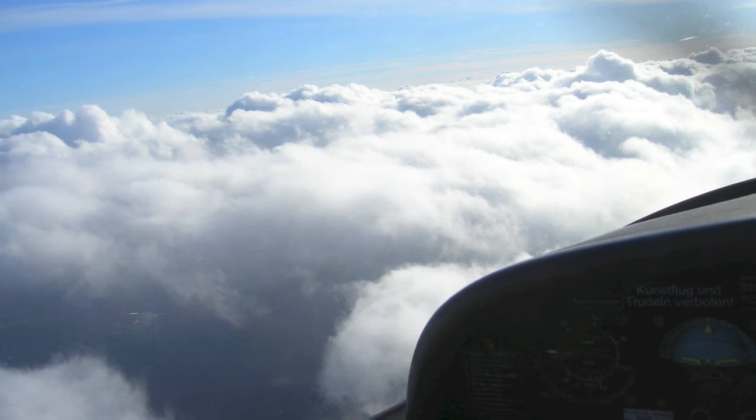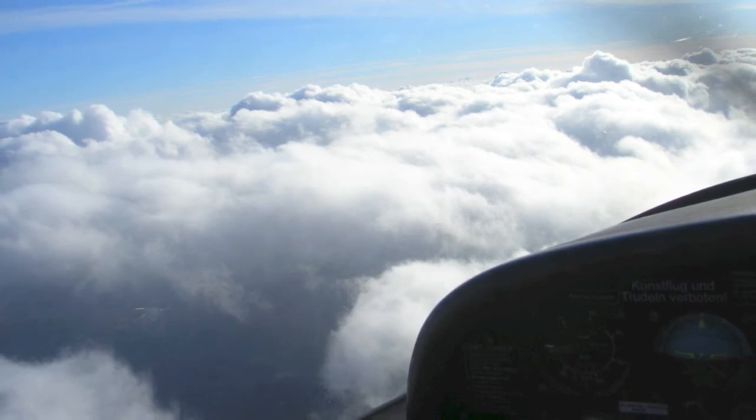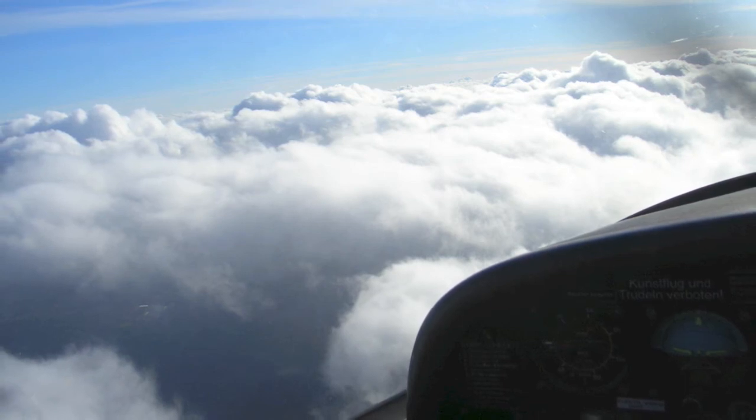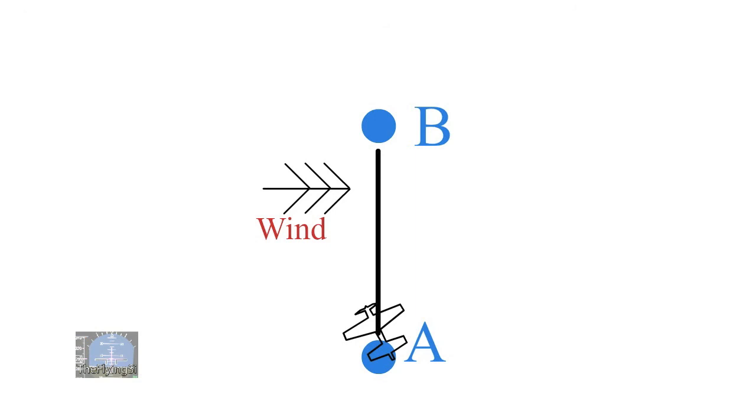With that in mind then, we need to find a direction to fly in the air which compensates for the air's movement relative to the ground. And we can calculate a drift angle. What we do is, once we've calculated that drift angle or estimated it, we turn the aircraft by an amount, a calculated amount, into wind.